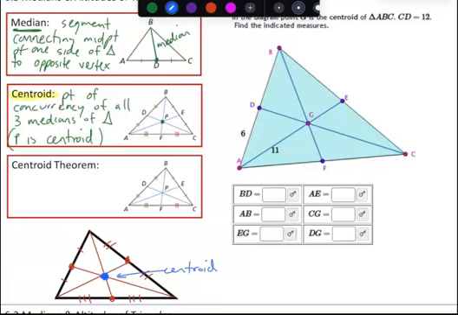All right, so here's the centroid theorem. This one's a little bit more confusing than the other two that you need to know.